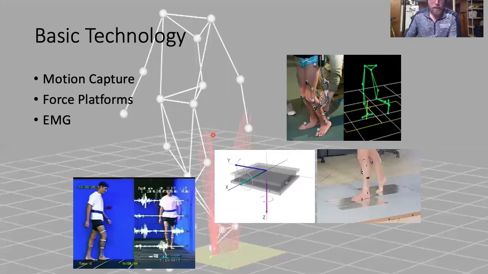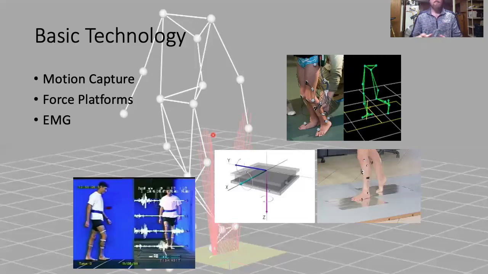Let's just say EMG. So EMG is a way for us to measure the electrical activity of the muscle tissue, the action potentials, just like we do with ECG, right?